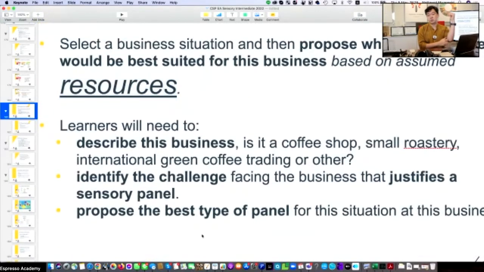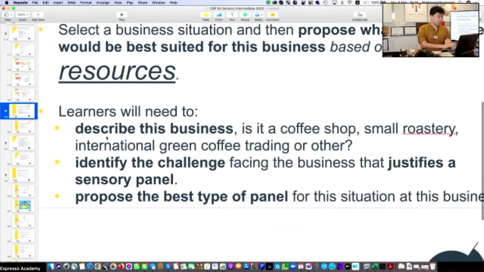Do you have the budget to make everyone a Q grader in your places? Or what is the budget? That is important. So for you guys, what is the business? What is your challenge? Is your challenge the timing or the people? And what is the best type of panel that you can create with it?